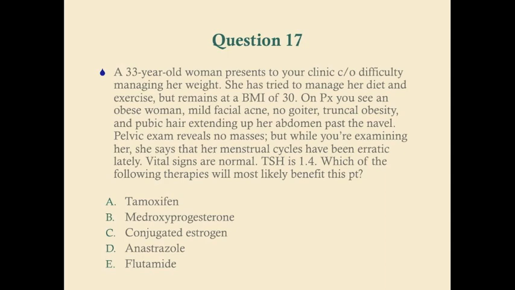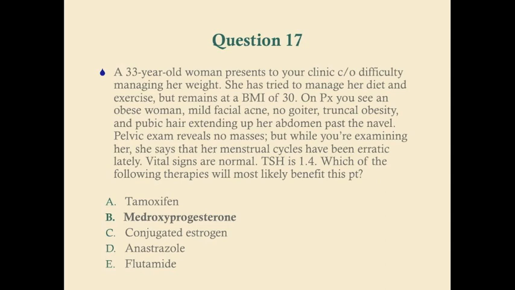All right. The answer here is B, medroxyprogesterone. So this is a woman with polycystic ovarian syndrome. More than likely, we would actually have to get an ultrasound of her ovaries to confirm that. But with polycystic ovarian syndrome, what you have is an obese woman, almost always an obese or mildly overweight woman, and you have androgenizing signs, and you have erratic menstrual cycles.